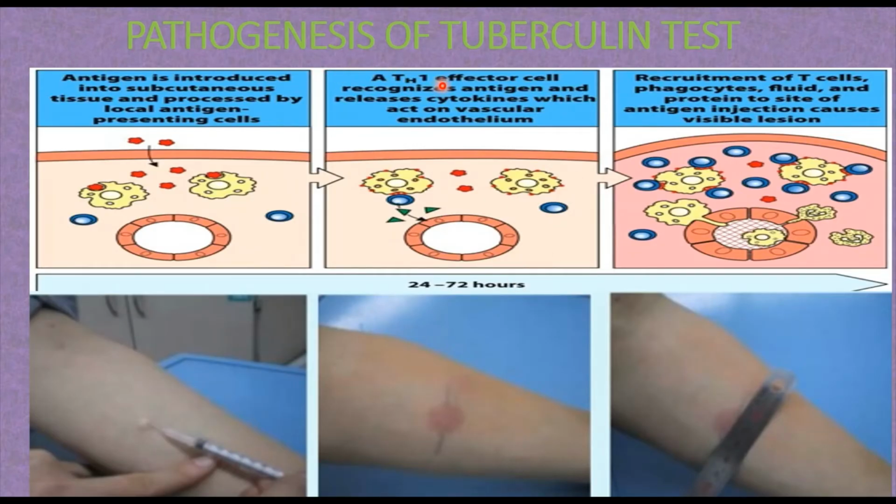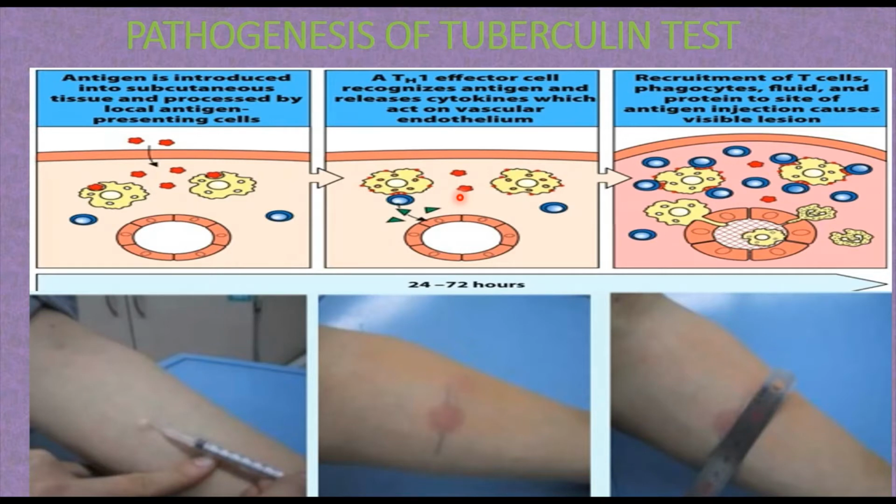Coming to the pathogenesis behind this tuberculin test, an antigen is introduced into subcutaneous tissue and processed by the local antigen presenting cells, that is APC. Now the T helper cells, or the effector cells, recognize this antigen and release components called cytokines.